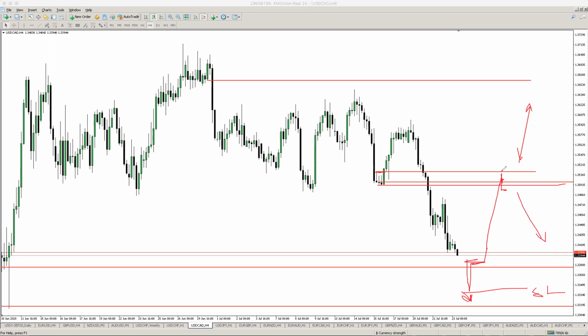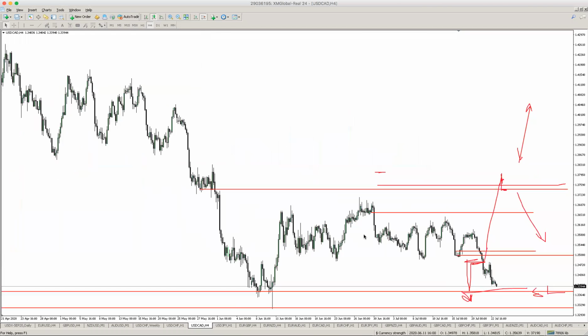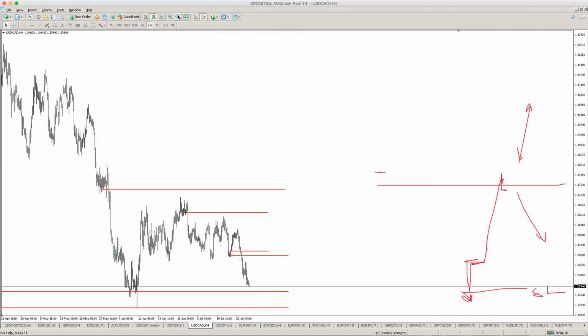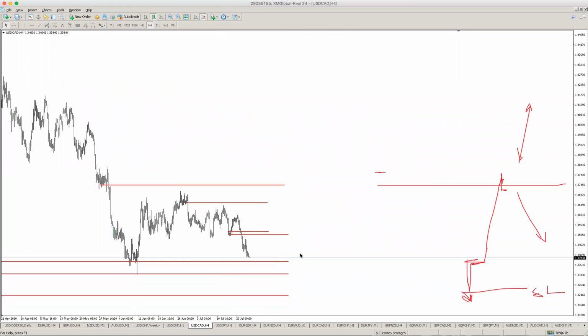So once that's done, we get a sell signal here, we sell, let me just zoom out here a bit, aiming for this zone right here, which is most likely going to be around 132.15, somewhere there.